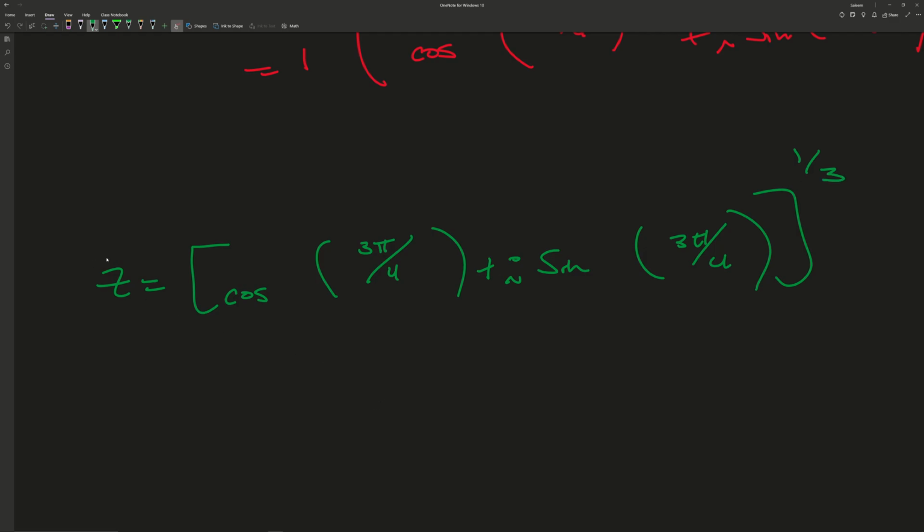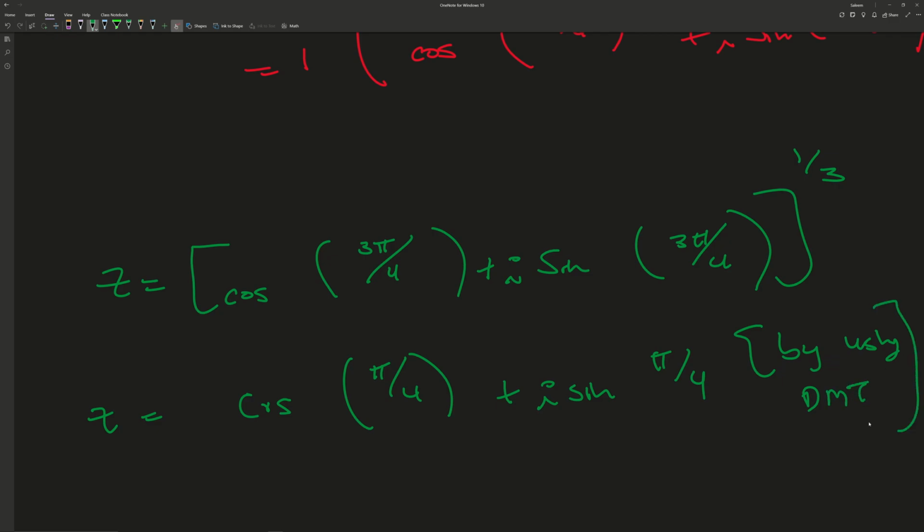Because remember, it's a cube root. So if we use De Moivre's theorem, we get cos of pi upon 4 plus i sine pi upon 4 in brackets. I'll just write DMT.